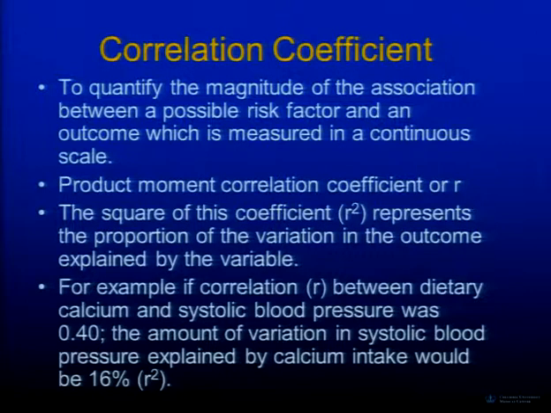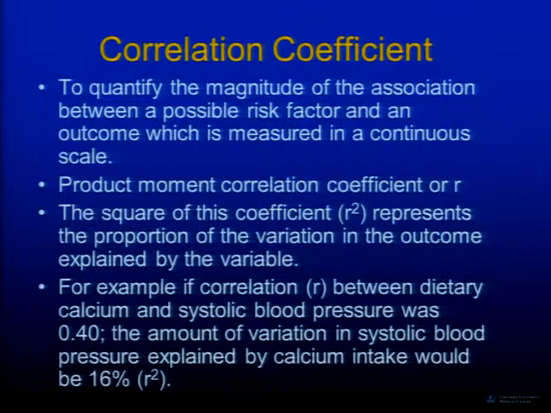So if we were looking at the correlation here between dietary calcium intake, so let's change the meat here, and we're going to put diet calcium, and we're getting this from some international records. And then here we're using blood pressure, increased blood pressure. And here we're hoping that the relationship goes the other way. So as you have more calcium intake, you're going to have lower rates of elevated high blood pressure.